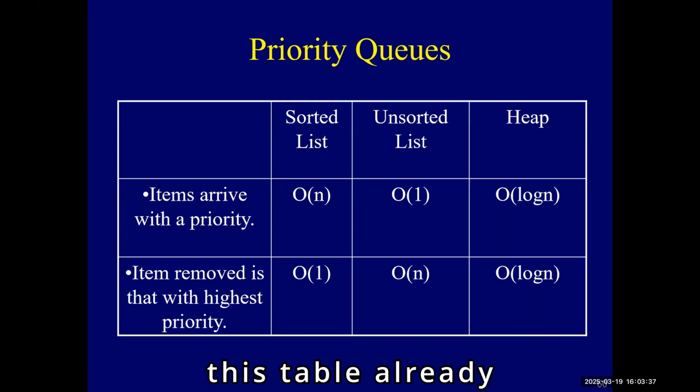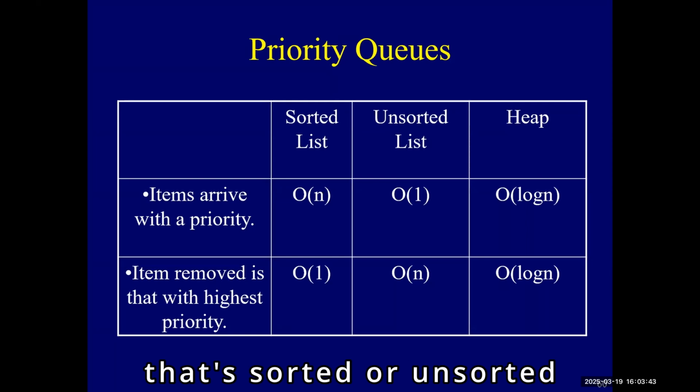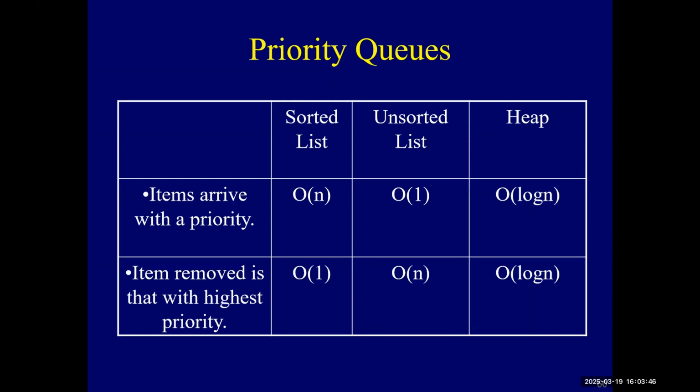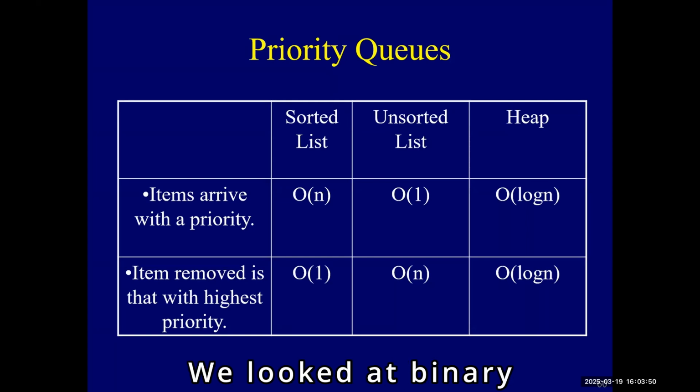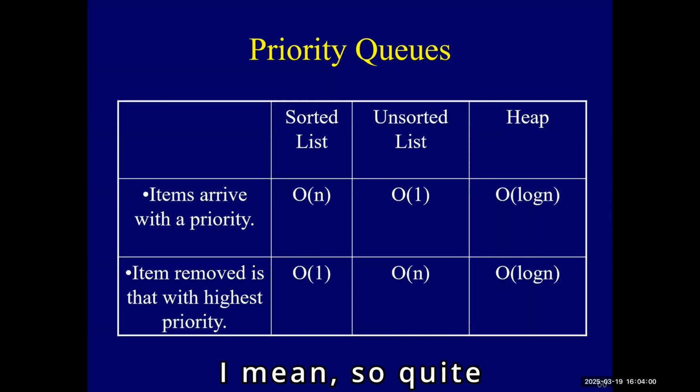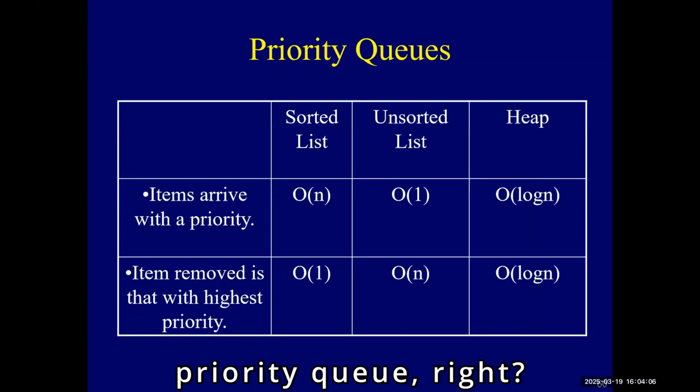We've sort of seen this table already, that just having a list that's sorted or unsorted isn't really a good method, right? We looked at binary search trees, right? Quite frankly, you could use a binary search tree for a priority queue, right?